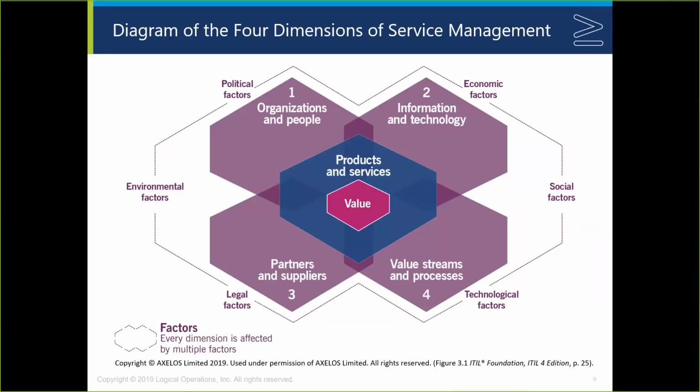We need to consider our information technologies. We need to consider how we engage and align our partners and suppliers. And how does all this stuff roll up to produce a whole level of value in terms of the products and services we provision? Then in the framework, they also introduce this idea of PESTLE, various factors that may influence all of these things, political factors, economic factors, and so on.